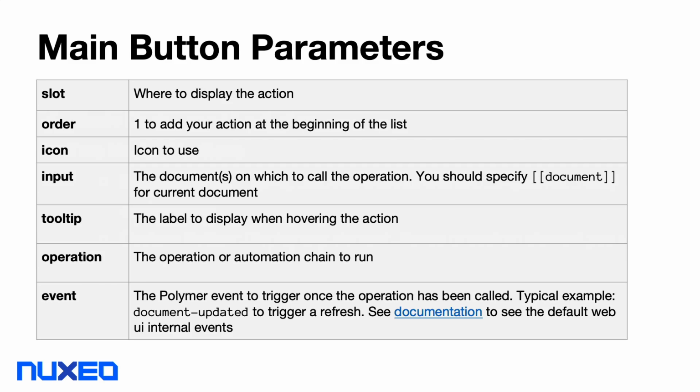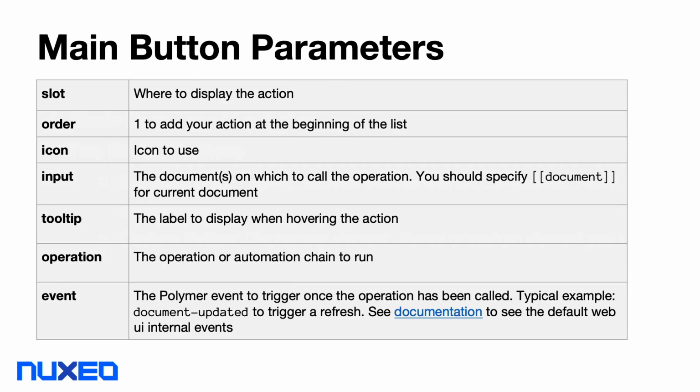You can indicate a tooltip, the operation that should be triggered. So you can link your button to an automation chain or an automation scripting. And finally, the kind of event which should be triggered once the operation is executed. Typically, if you update a document property, you want the page to be updated. So you have to call document updated.